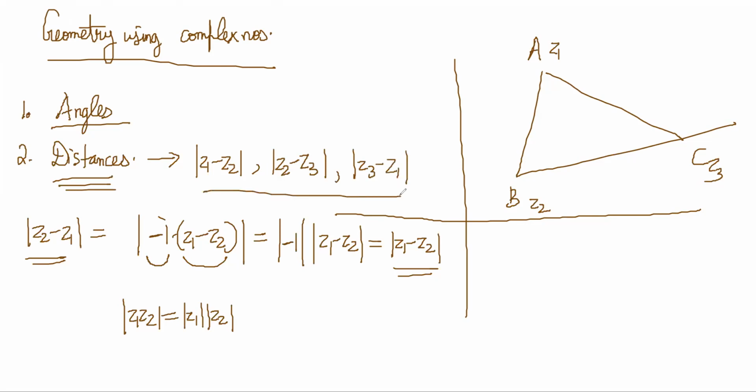But right now we don't know any way to write the angle A or angle B or angle C using complex numbers. Right now you don't know a way to write the angles. So that is what we are planning to do now. We will learn how to write angles using complex numbers.